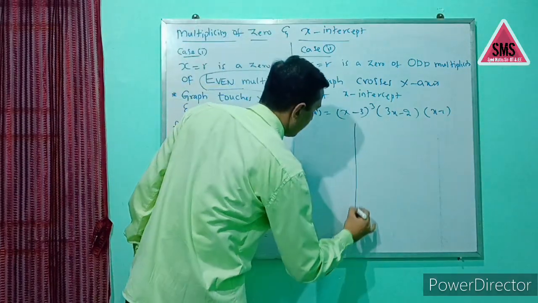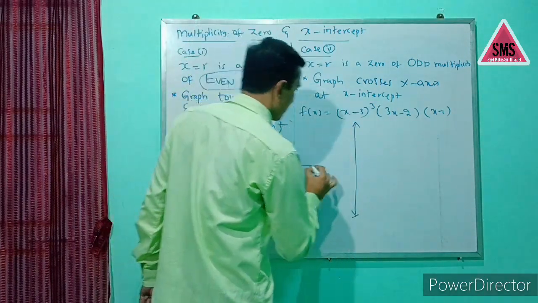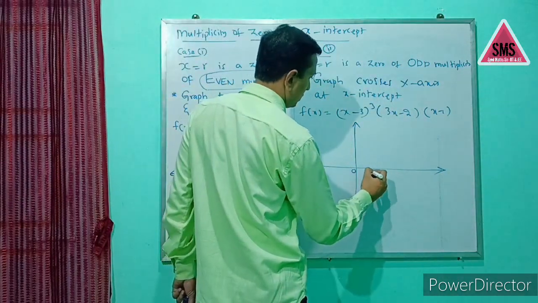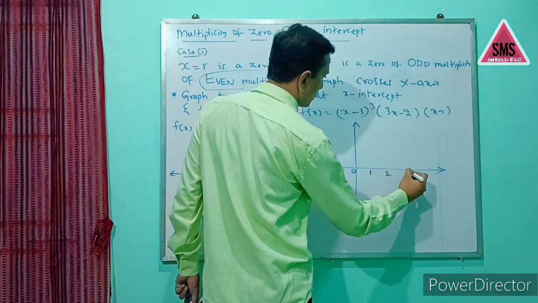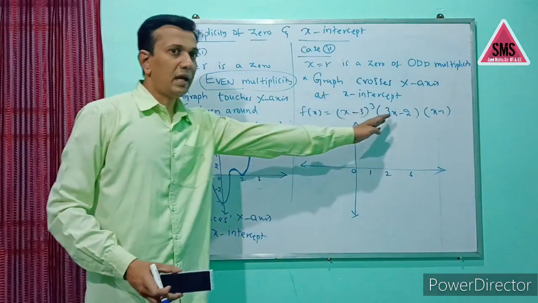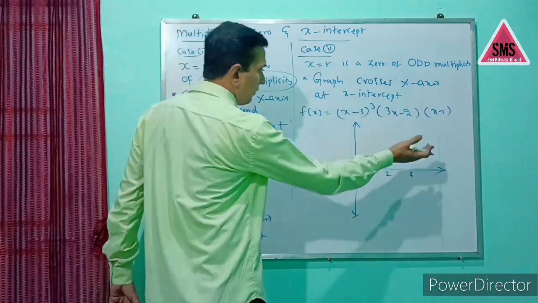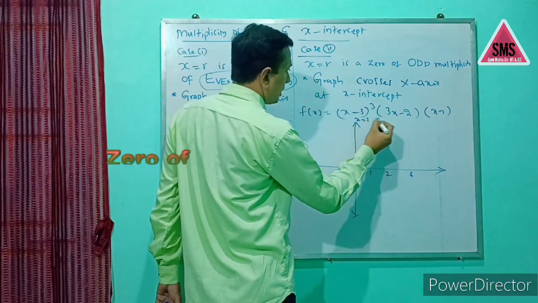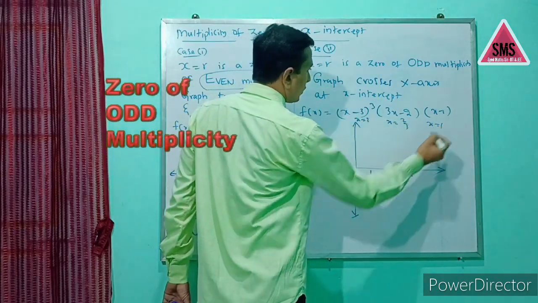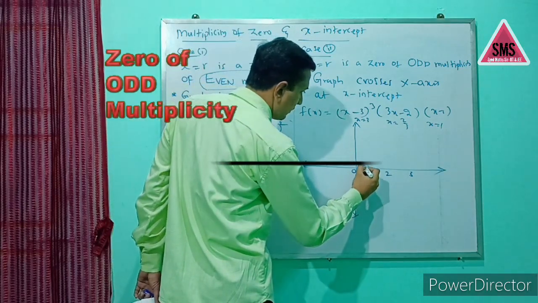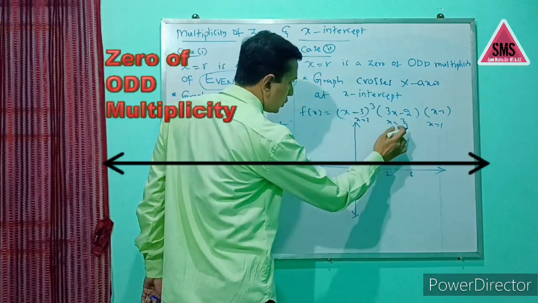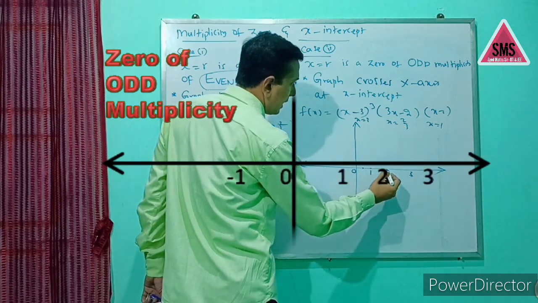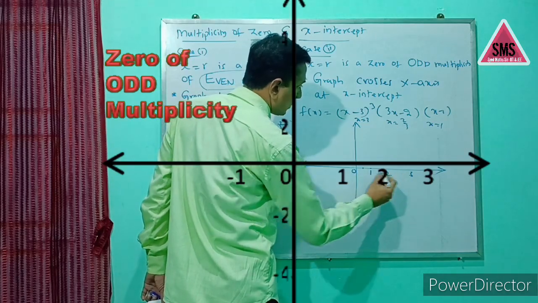So when you draw the graph, this will be the same zero, 1, 2, 3. We don't have any negative zeros, so the graph will fall completely on the right side. So x is equal to 3, here x is equal to 2 by 3, here x is equal to 1. That means somewhere at x equals 2 by 3, less than 1, it will touch the x-axis, at x equals 1 it is crossing, and x equals 3.